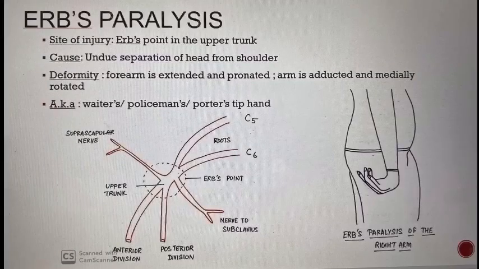It is caused by the undue separation of the head from the shoulder. This deformity causes the forearm to be extended and pronated. The arm is adducted and medially rotated. It is also known as the waiter's or policeman's or porter's tip hand.